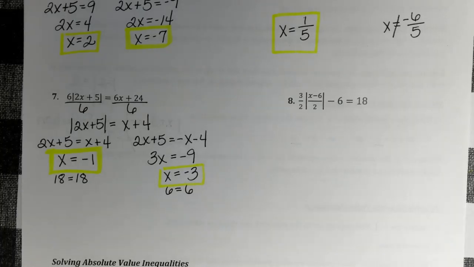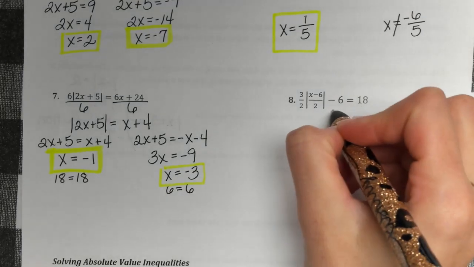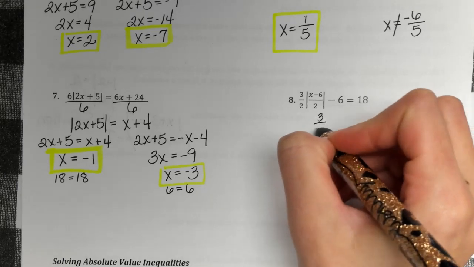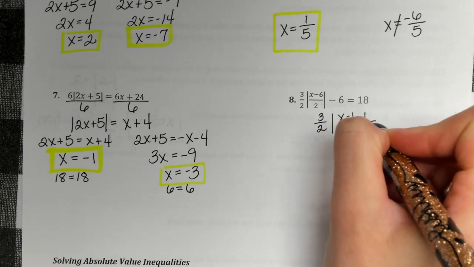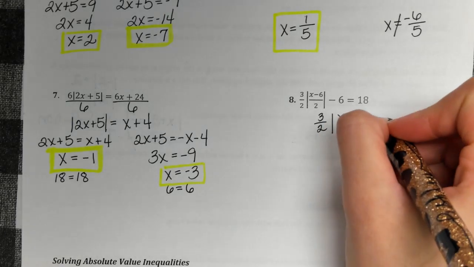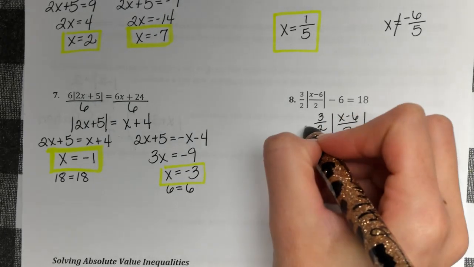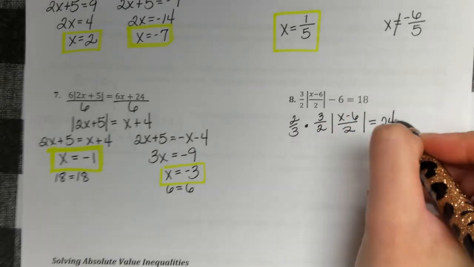Okay. Now number 8. What do I do first? Multiply by 2/3. Oh, yeah, add 6. Add 6. And then multiply. So 18 plus 6 will give me 24, and then multiply by 2/3.